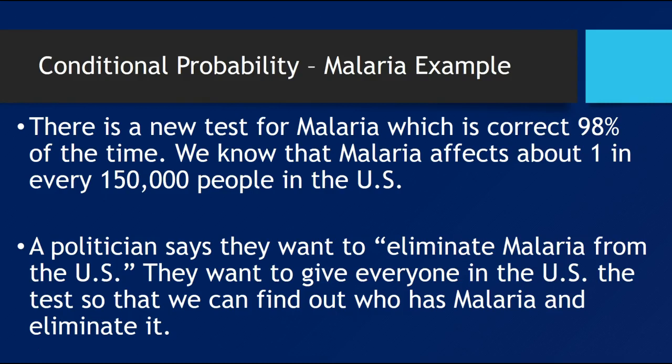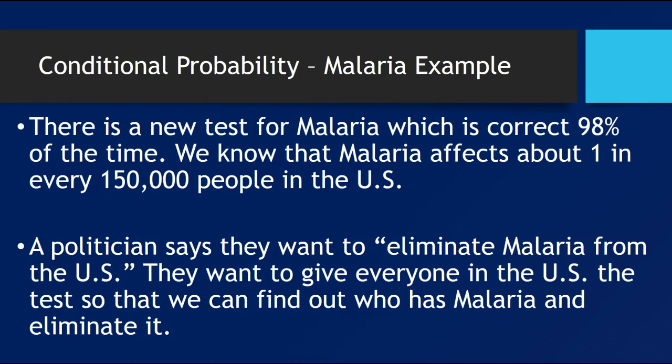Their goal is to get rid of malaria. What they propose is testing everybody in the entire United States and seeing if these people have malaria or not. When they test positive, we're going to quarantine those. When they test negative, we're going to let those people out.